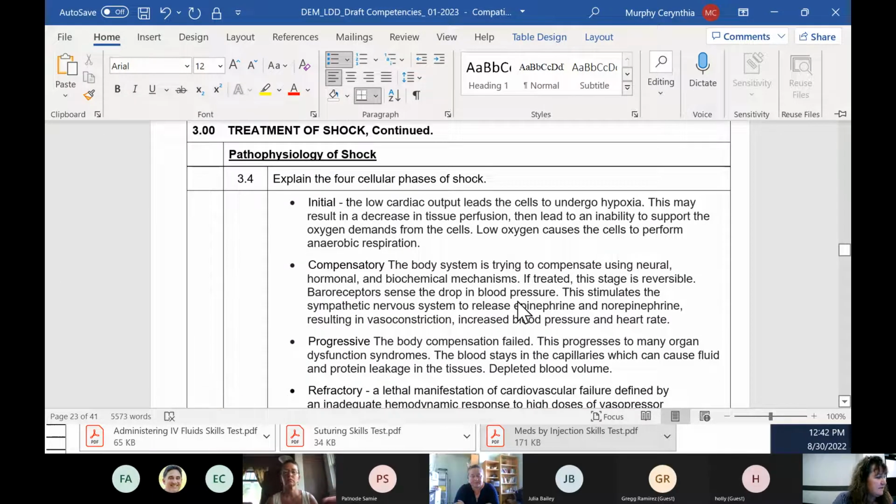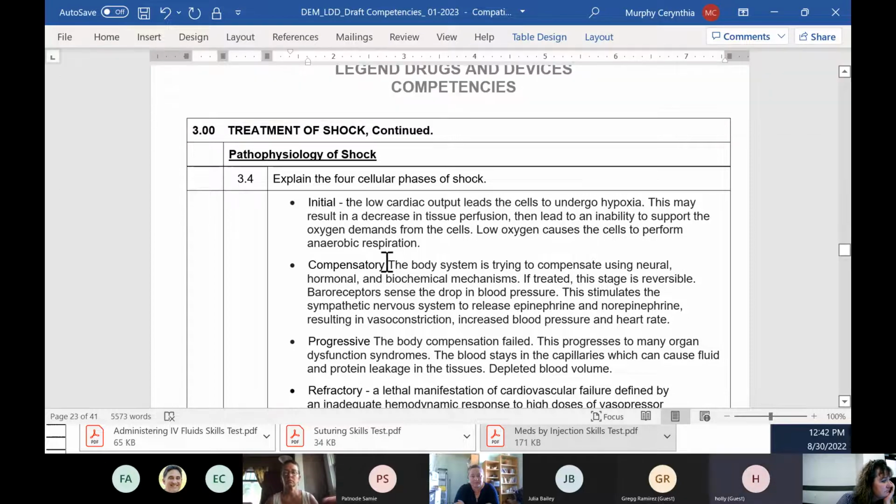Four cellular phases. We call it the three stages of shock because I usually leave out the initial, but what do you think? She has the three phases below in 3.5.